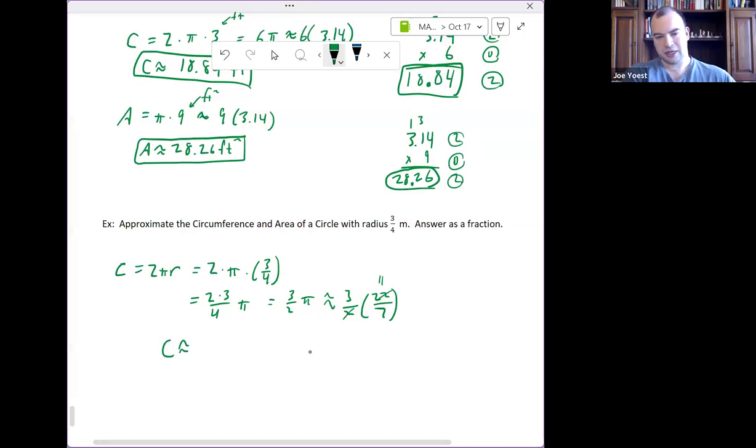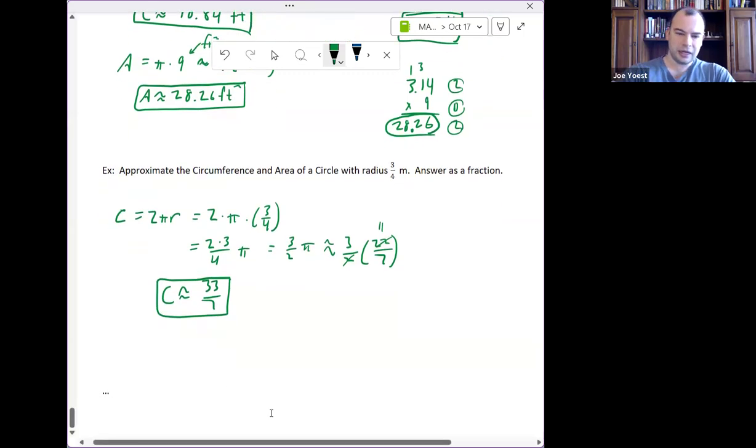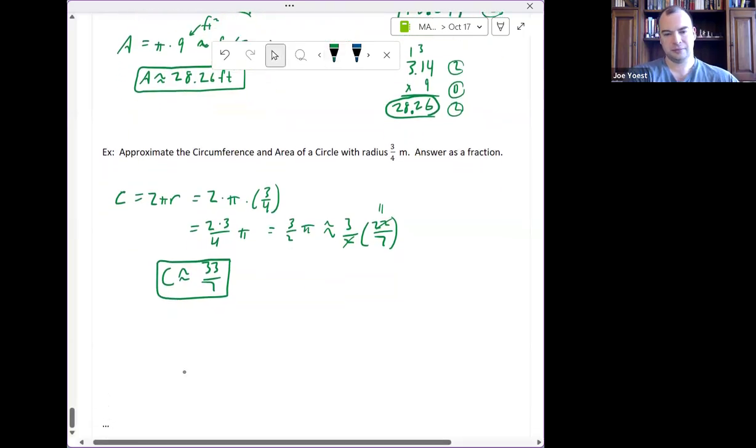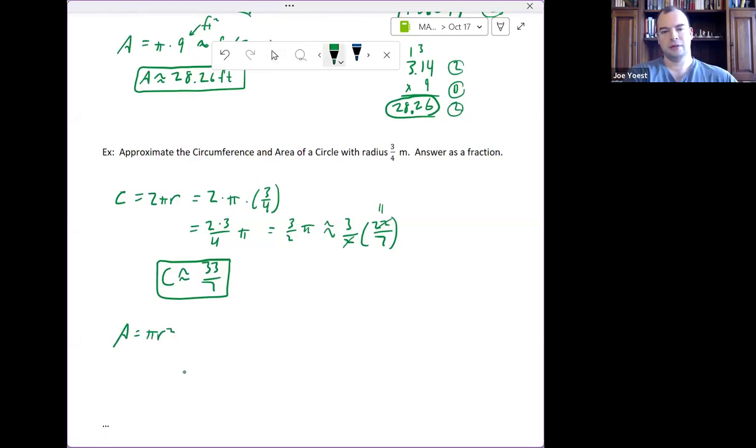My circumference is approximately 3 times 11, or 33, divided by 7 as a fraction. And that's 33/7 meters.